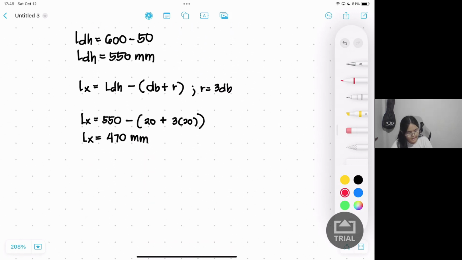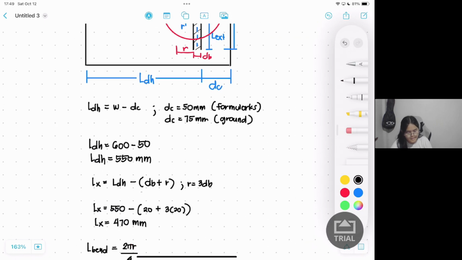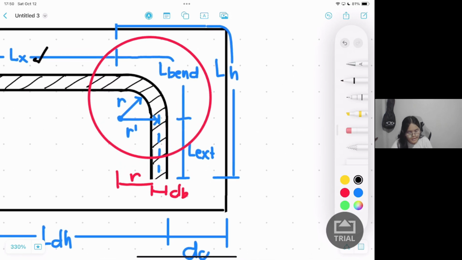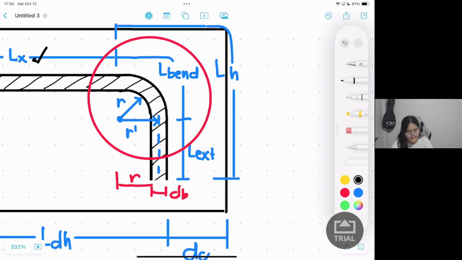So, ang length ni bend ay 2 pi r or the circumference of a circle, divide nyo sa 4 kasi that is a quarter circle. Pero, yung radius na gagamitin natin, pansinin nyo na ito dapat siya. Okay? Yung hanggang center line ng bar.